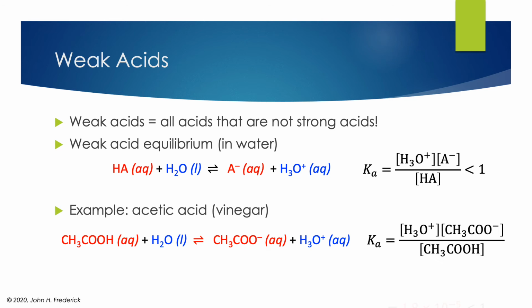So its equilibrium constant will look like this, and you can see that the value of this equilibrium constant, 1.8 times 10 to the minus 5, is indeed less than 1, in fact much less than 1, so this is a weak acid. Now, as weak acids go, acetic acid is actually one of the stronger ones, so you can tell that weak acids can be quite weak, but 1.8 times 10 to the minus 5 is the equilibrium constant you would expect for this dissociation.